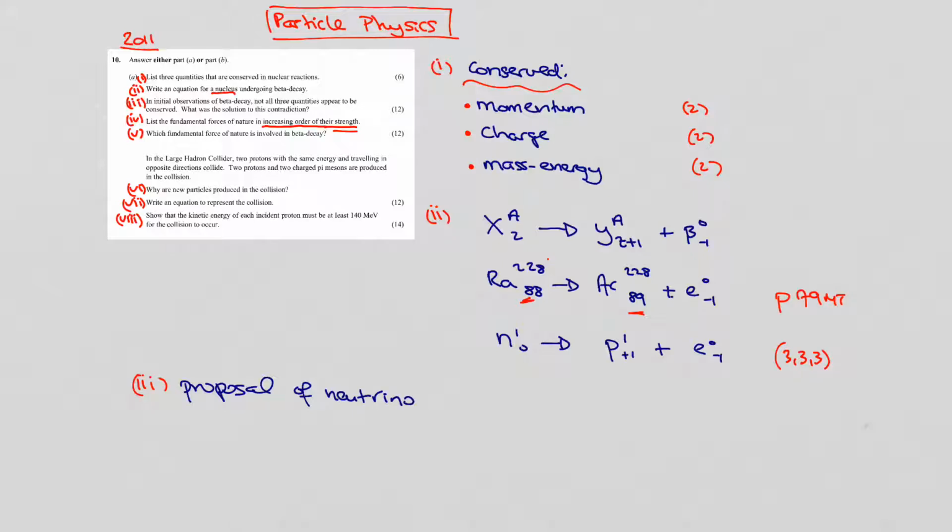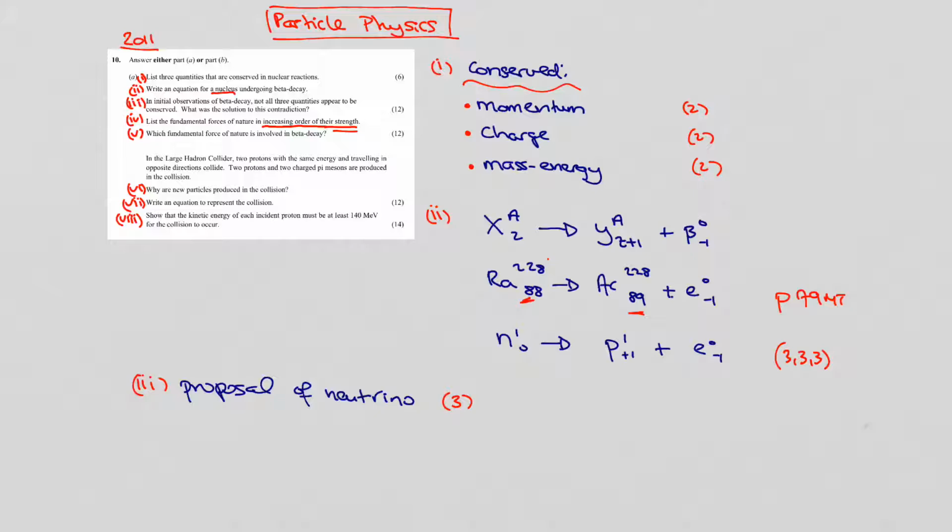It was in 1931 that Pauli proposed that some sort of particle must be emitted, carrying away the missing energy and momentum. And Fermi then named it the neutrino. But it was this neutrino that was causing the contradictions in the calculations.